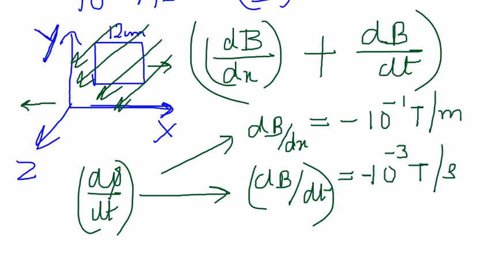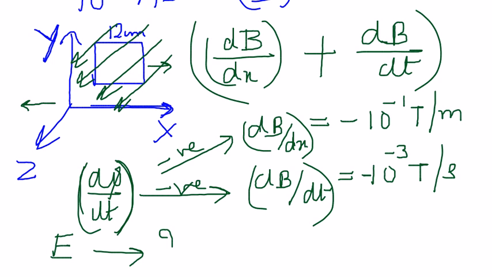So d phi dt is negative both for dB dx and for dB dt. Since there is change of flux, there will be induced EMF. This induced EMF will give rise to induced current because it is a closed loop.